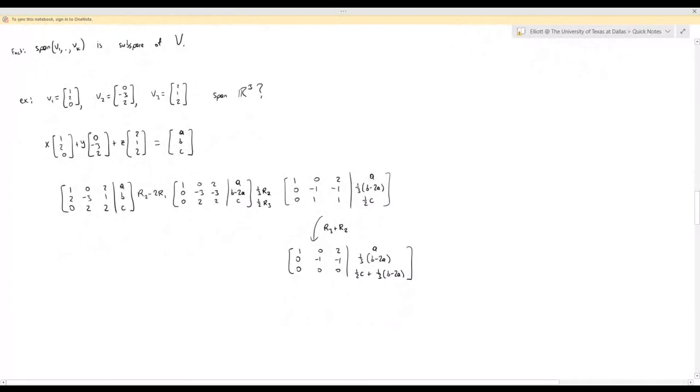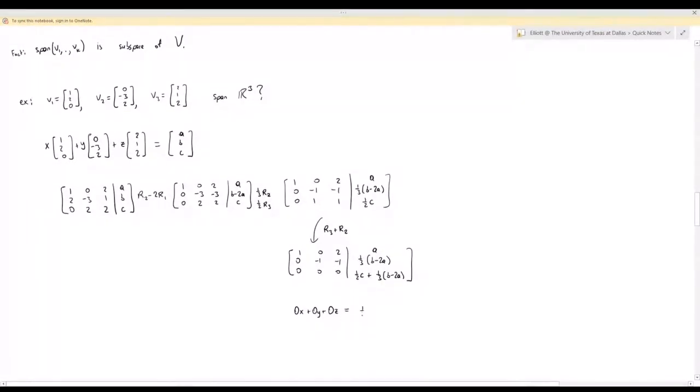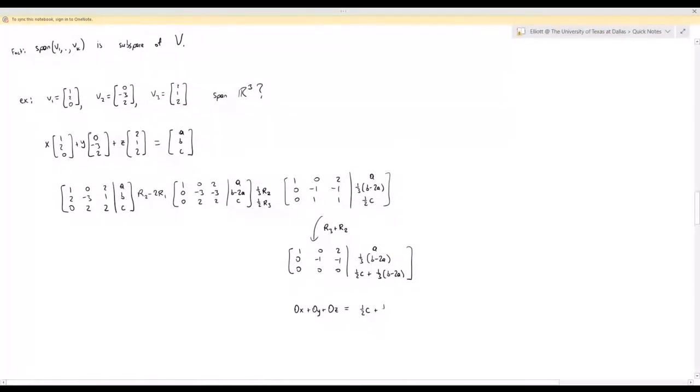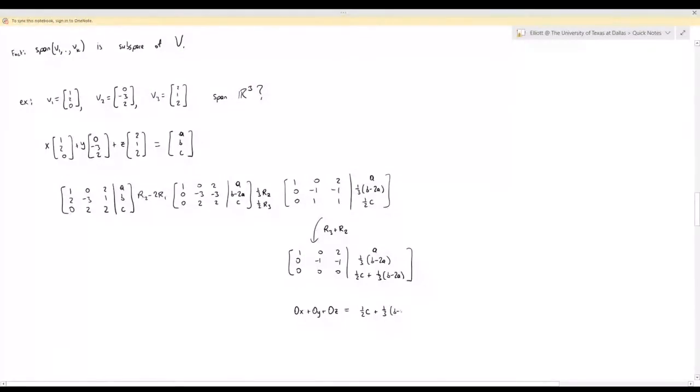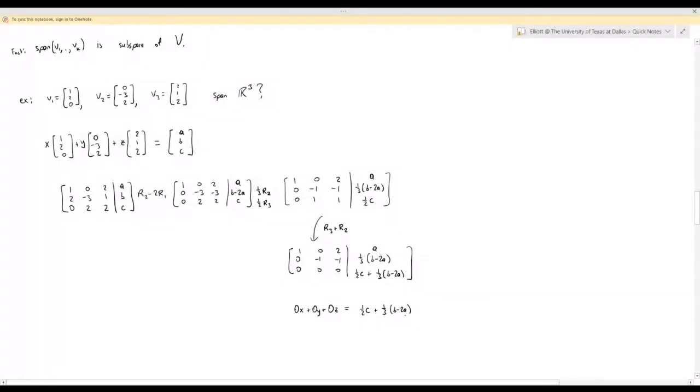So when we get to this point, notice that the last row gives us the equation 0x plus 0y plus 0z equals everything over here on the right. And so clearly there's not going to be a solution for all the possible values of a, b, c.